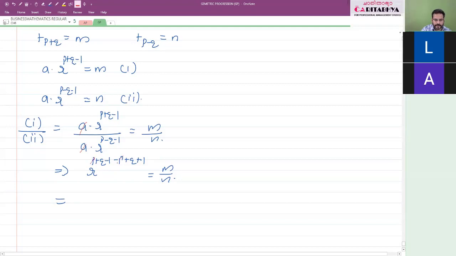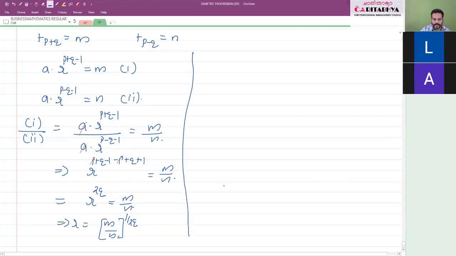Plus P minus P get cancelled, minus 1 plus 1 get cancelled. r raised to 2Q is equal to M by N. That implies r is equal to M by N the whole raised to 1 by 2Q.